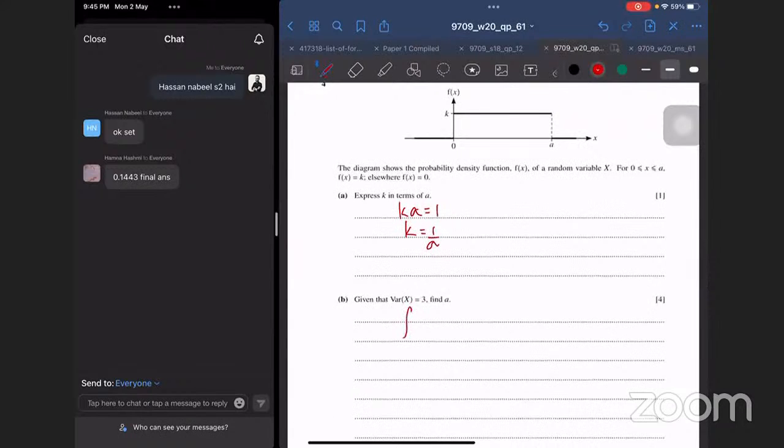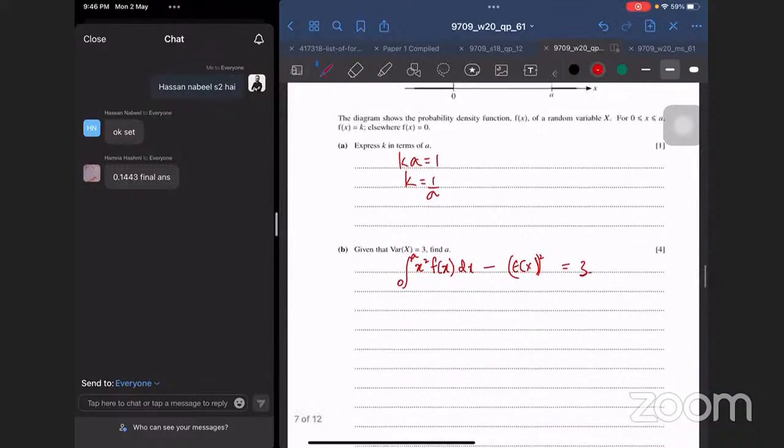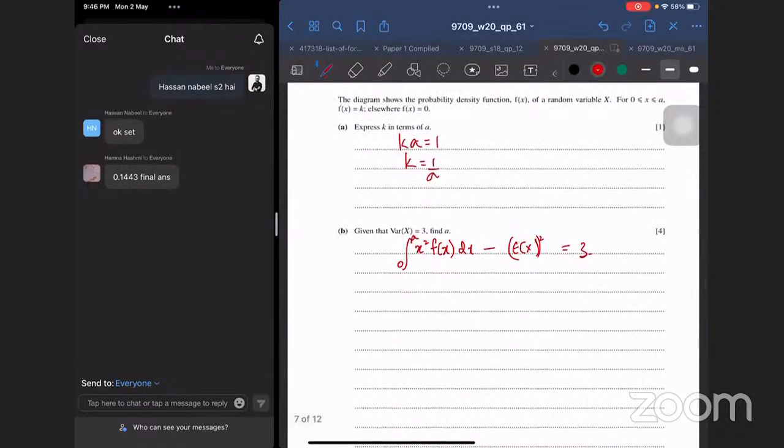So I'm going to say that variance of x is basically the integral of x squared f of x dx minus expectation of x squared. And this has to be integrated over the entire limit, and this is basically equal to 3. Now, x squared f of x.